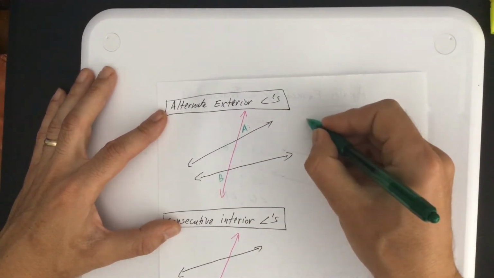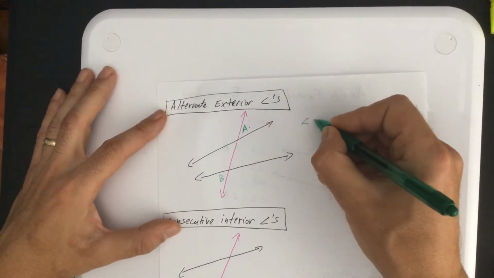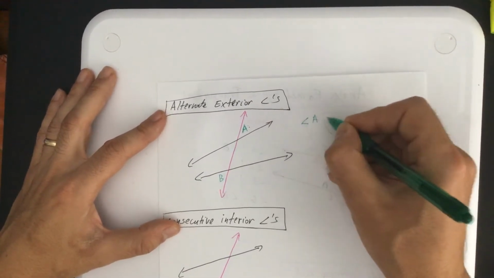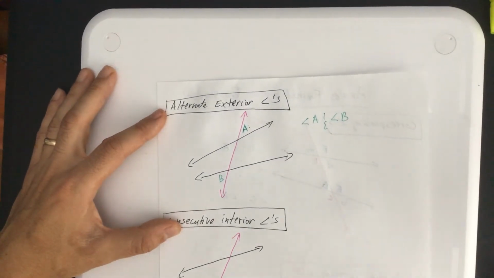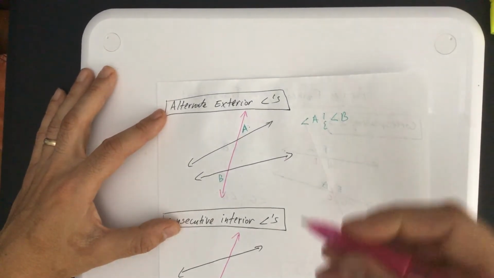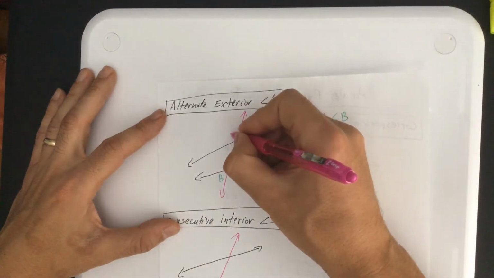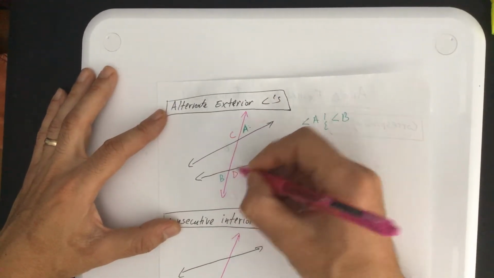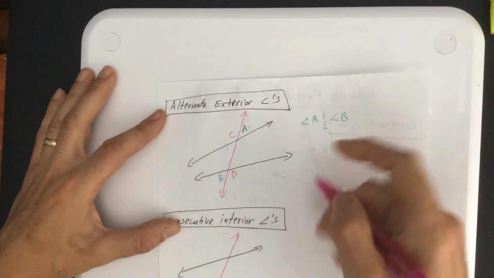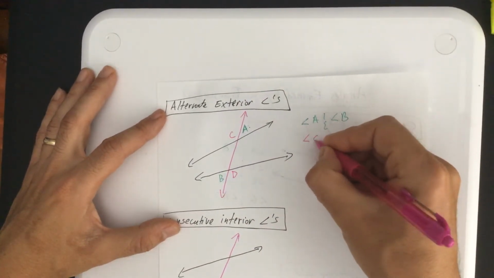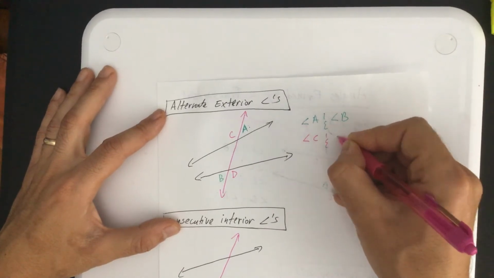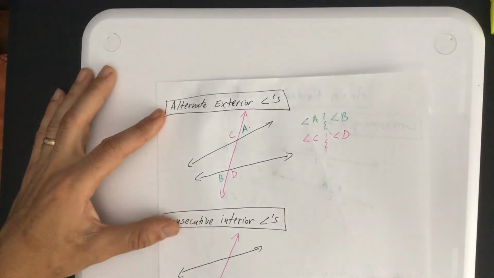So that will be alternate exterior: angle A and angle B. And the other pair, let's call this one C and this one D. So alternating, and the outside angles, alternate exterior: angle C and angle D.